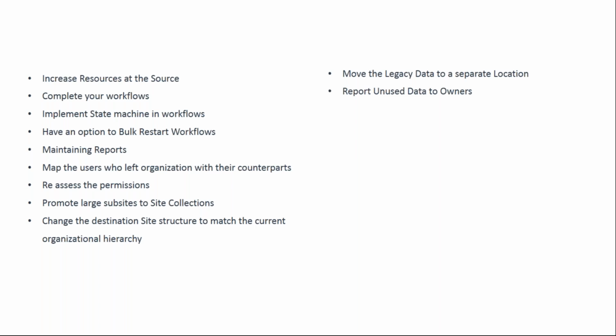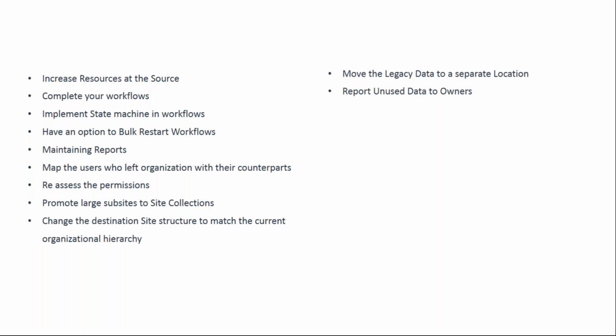So if you're seeing a migration in say next quarter or so, you can modify all your crucial workflows to implement a state machine in them. That way, even if you restart, you would be starting from a point which is not the beginning, so that users can start working where they left off.